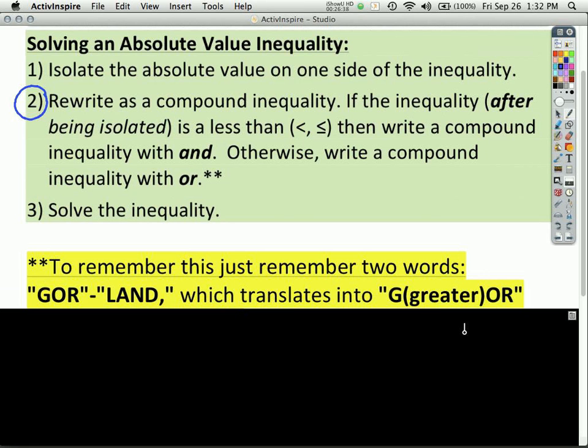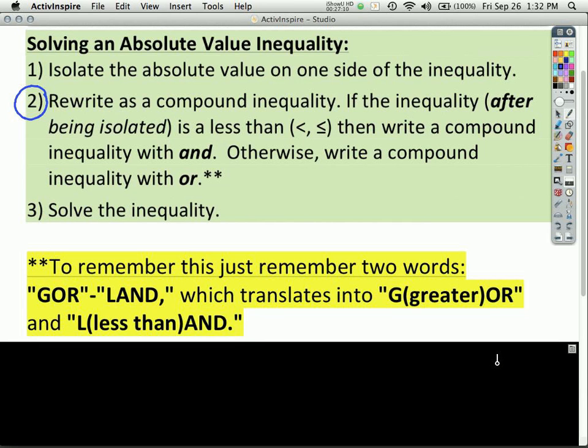And the reason it's important to remember is because the words translate into something important. The G in gore stands for greater than. The L in land stands for less than. So you translate it: the G is for greater, and that translates the absolute value inequality into an OR compound inequality.